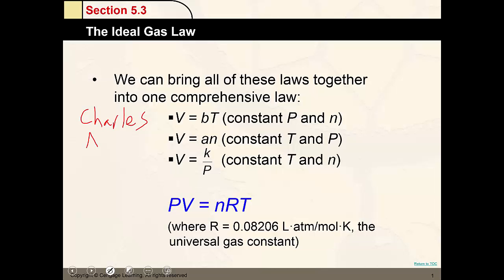And then Avogadro's law, that volume and amount, volume and number of moles, are directly related, along with Boyle's law, which you saw in the lab, in which volume and pressure are inversely related, assuming that all of the other variables are constant.